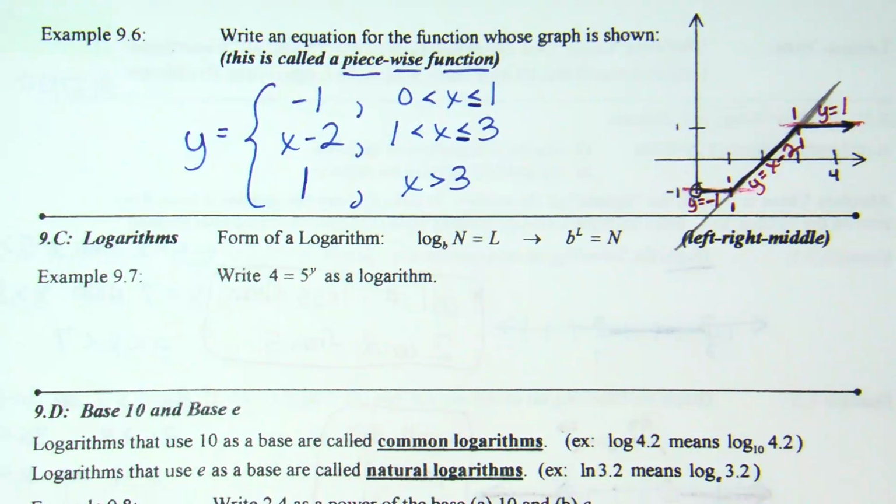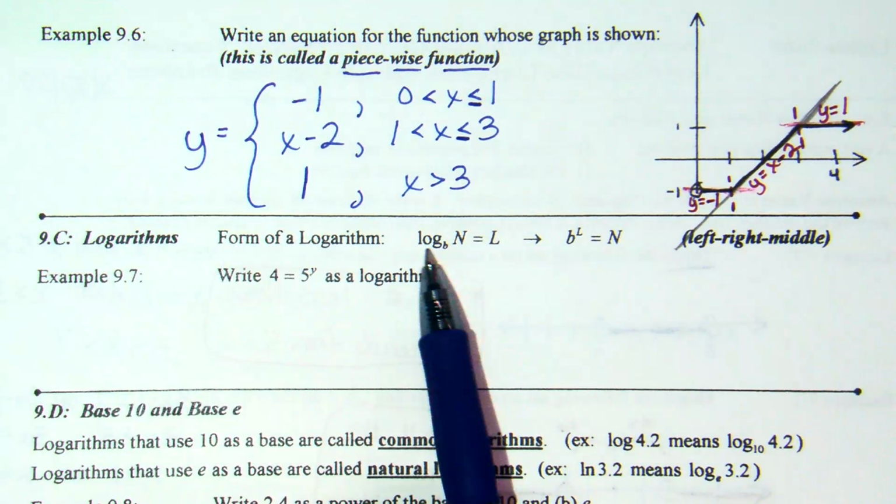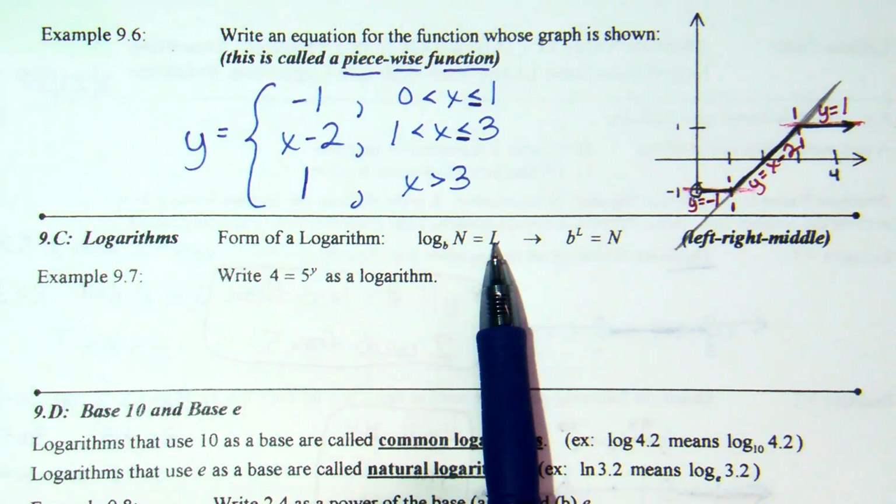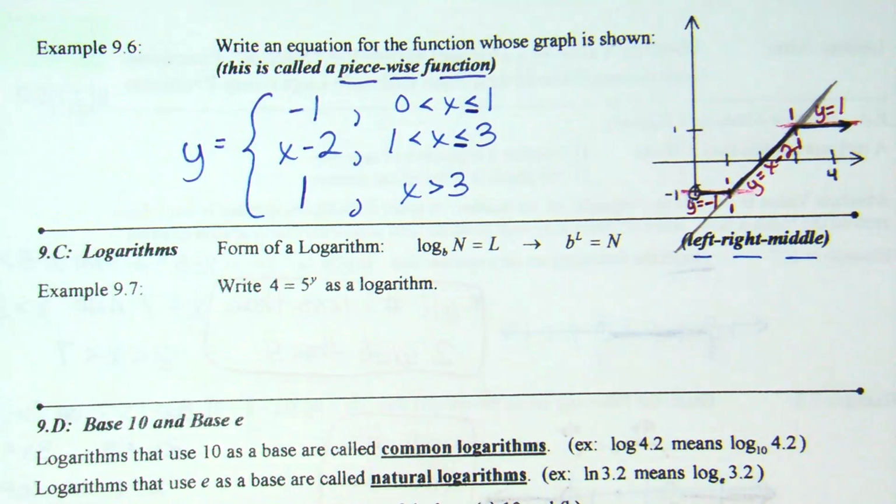Okay. Here we go with logs. You learned logs in Algebra 2. I don't know if you learned them in Algebra 1 or not. Algebra 2 definitely, but form of a logarithm. Log, I forget which way it is officially. I've read it both ways. Log base b of n equals L. If you recall, do you remember the phrase?